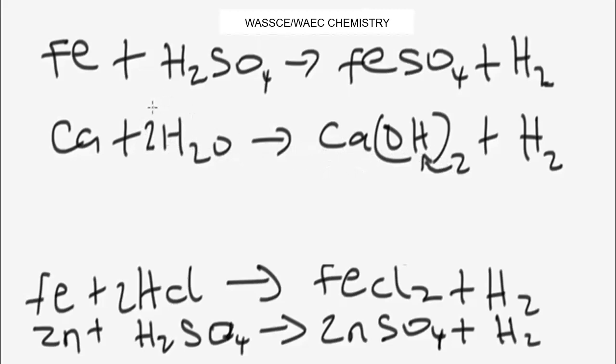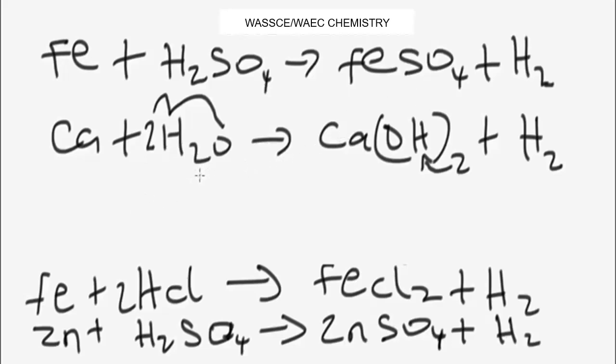Oxygen is now balanced. Hydrogen, we have 4 atoms of hydrogen on the right, we also have 4 atoms of hydrogen at the left. Hydrogen is balanced. Calcium, we have 1, we also have calcium 1 here, so the chemical reaction is now balanced.